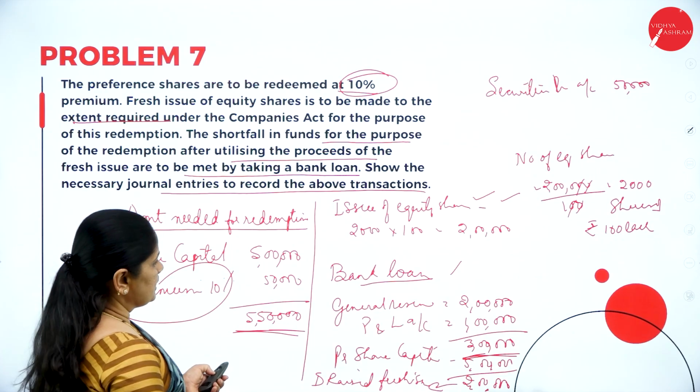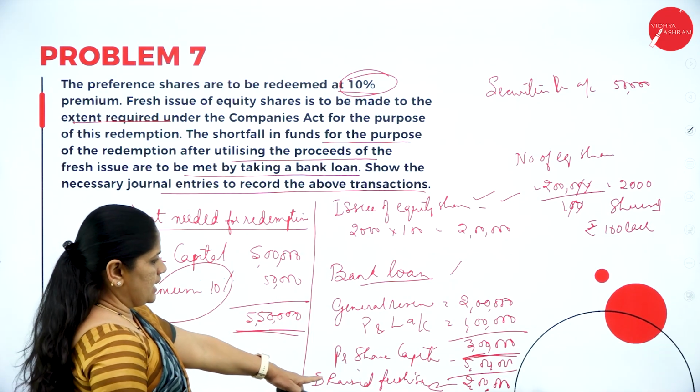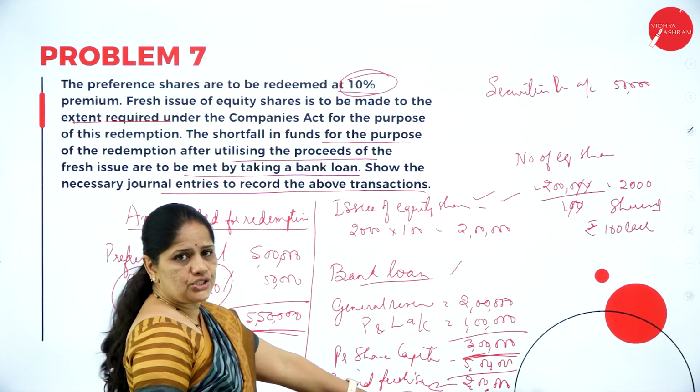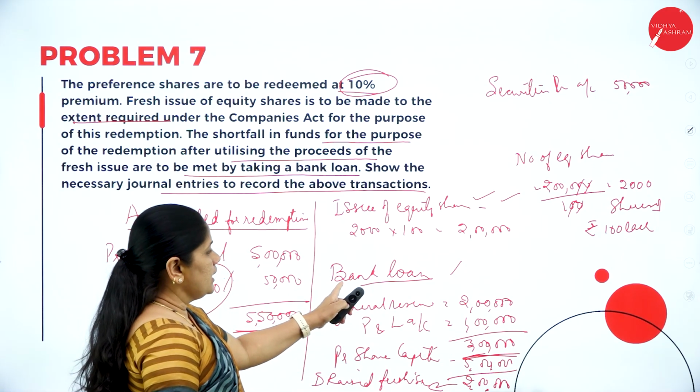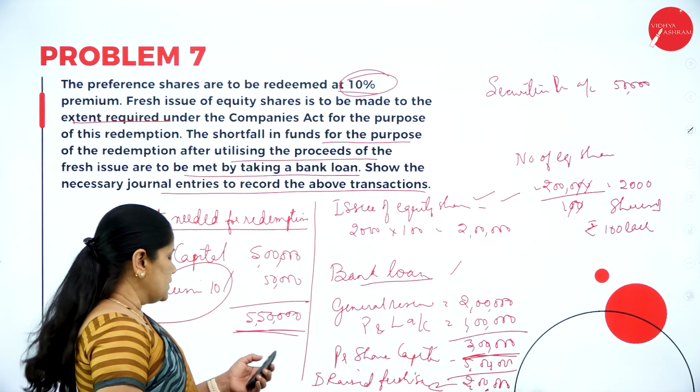So we have just done with this. Then we have the fresh issue of equity shares, which we have already calculated. The transaction relating to the bank loan is pending.